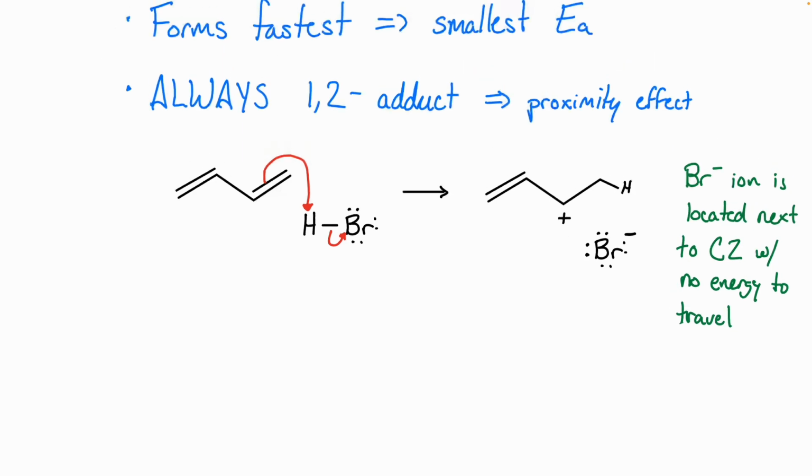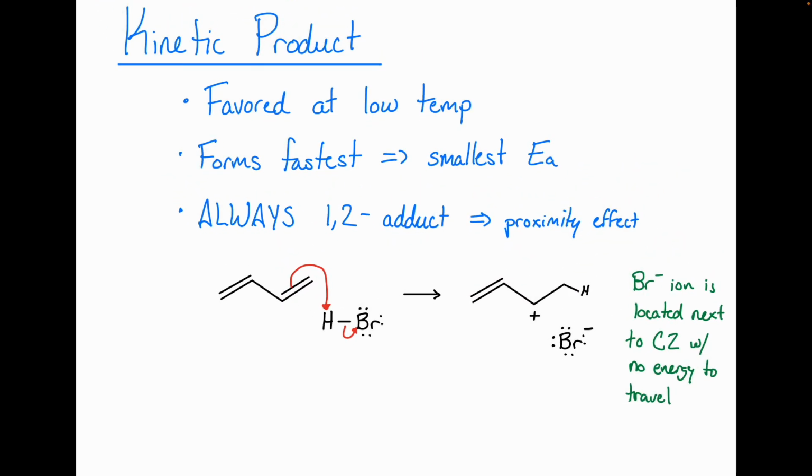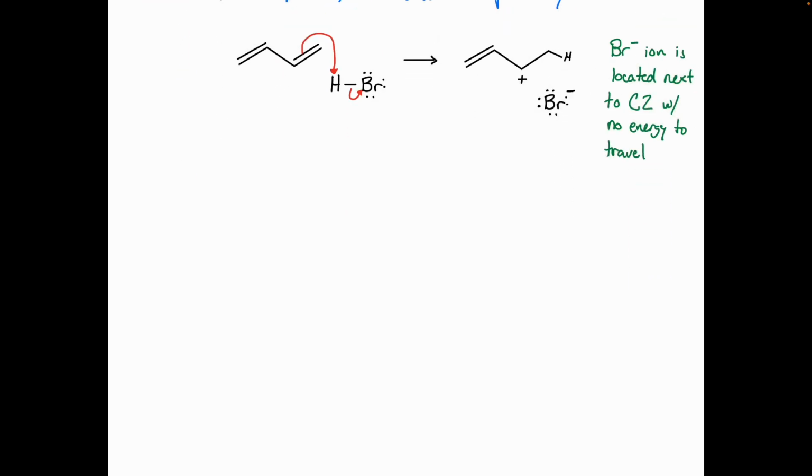All right, so again, our kinetic product will always be the 1,2 adduct, and again, that's because of proximity effect. Okay, our thermodynamic product.